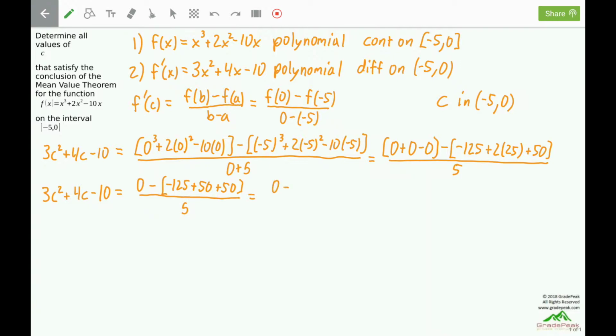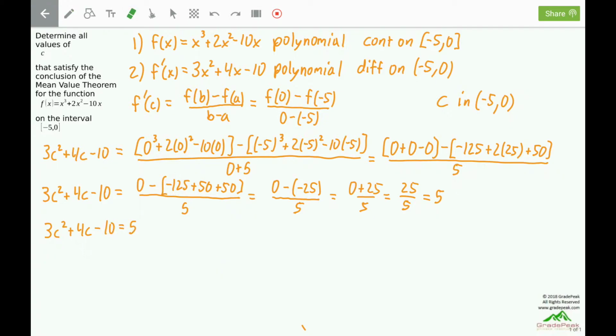So this will be 0 minus negative 125 plus 50 plus 50. 50 plus 50 is 100, and then minus 125 will be a negative 25, divided by 5. A negative of negative 25 will be positive 25, so this will be 0 plus 25 over 5. 0 plus 25 is 25, and 25 divided by 5 is 5. So 3c squared plus 4c minus 10 equals 5.